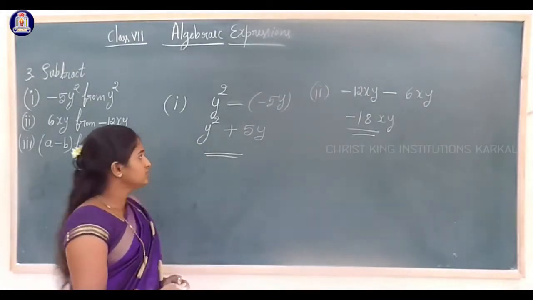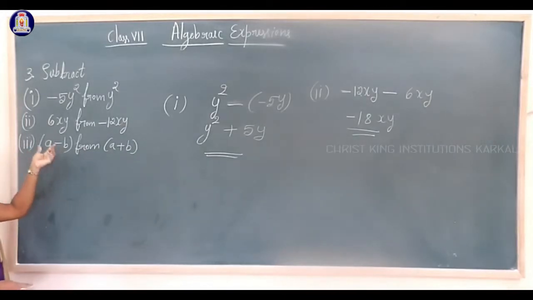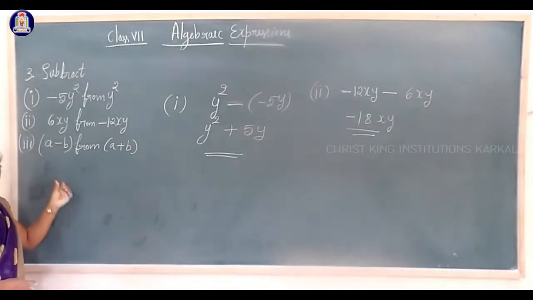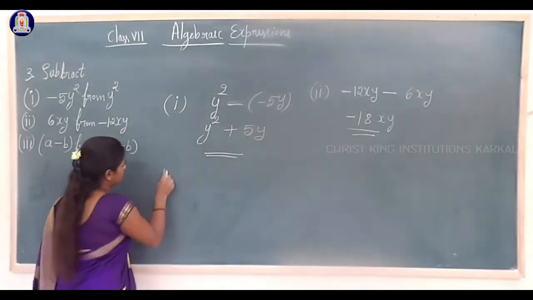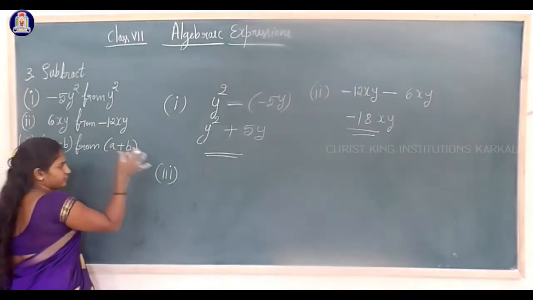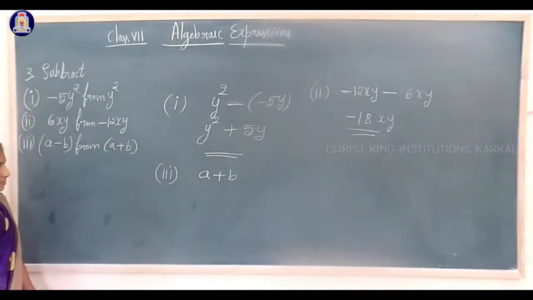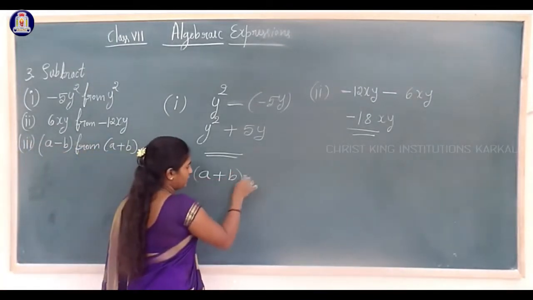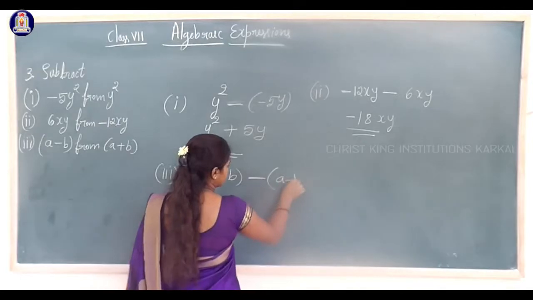Now the third question: subtract a minus b from a plus b. I'll write here the third question. Subtract this from this, means first you have to write a plus b. From a plus b you must subtract the first expression, that is a minus b.